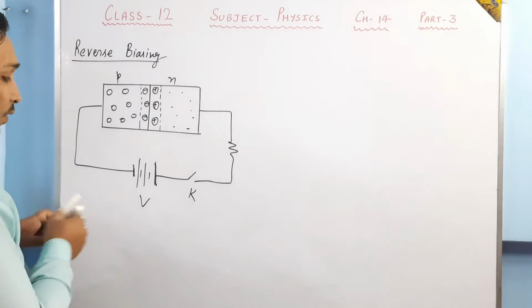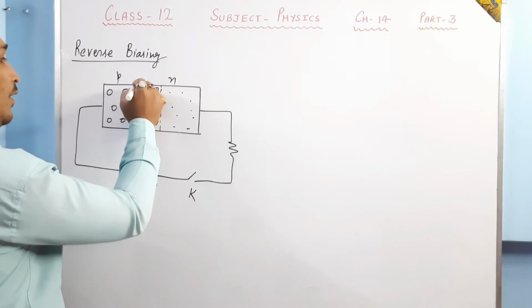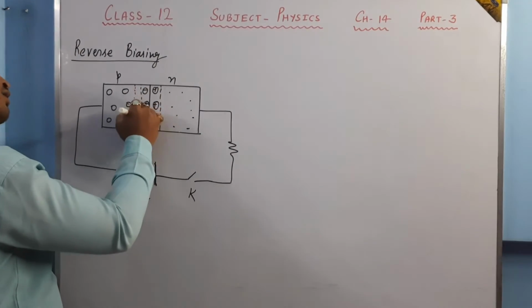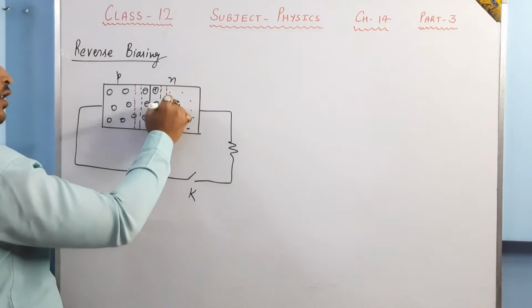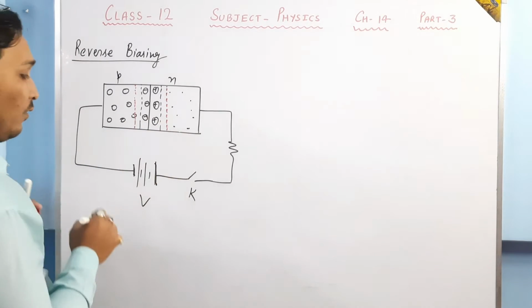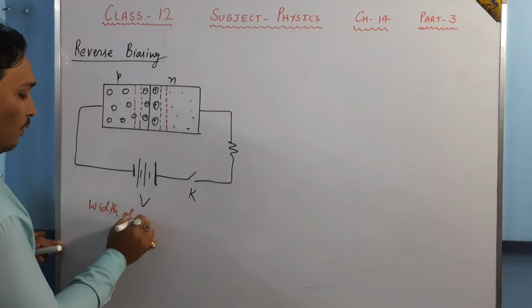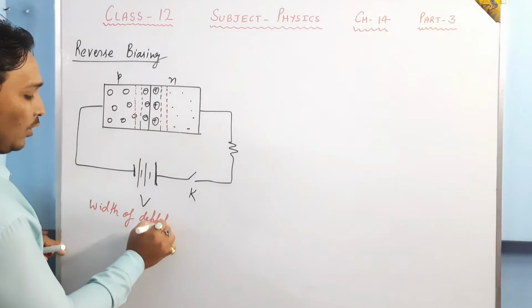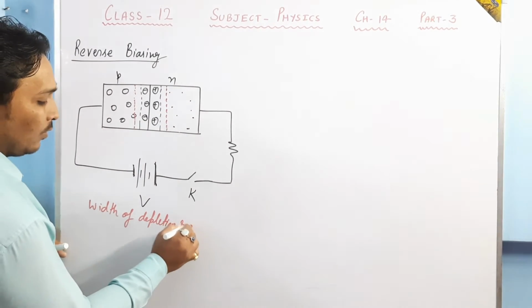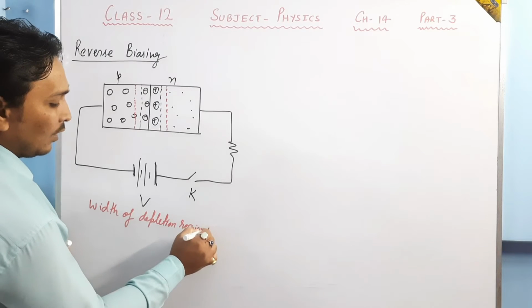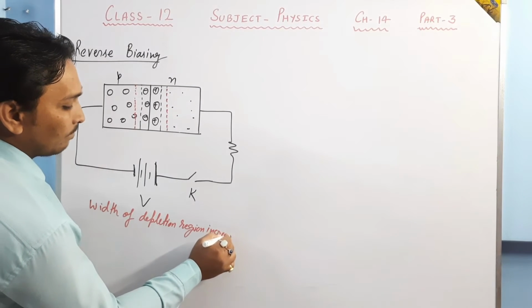So basically when we apply reverse biasing, the width of the depletion region increases.